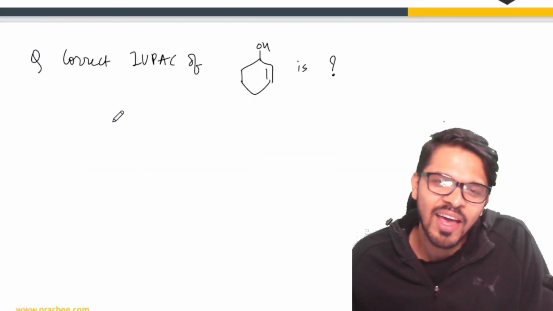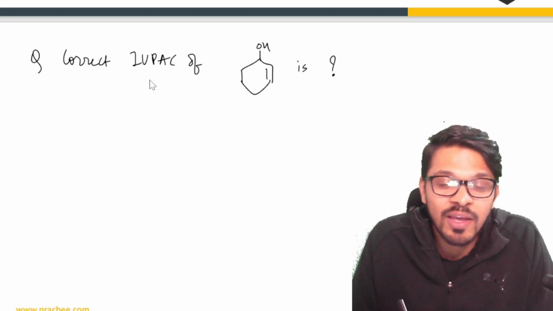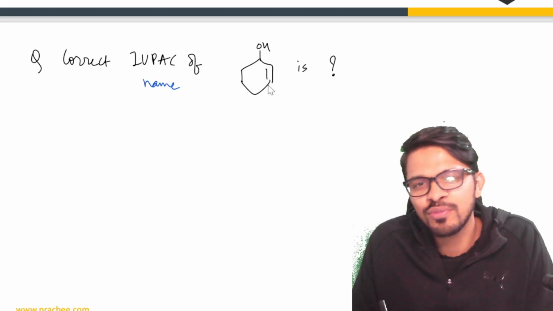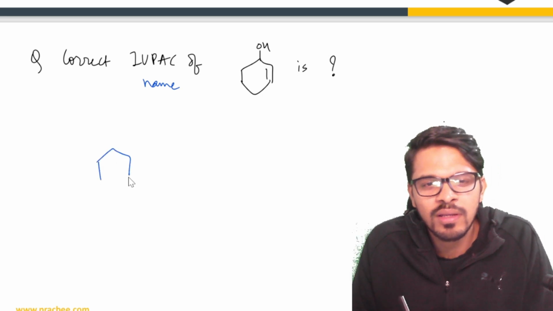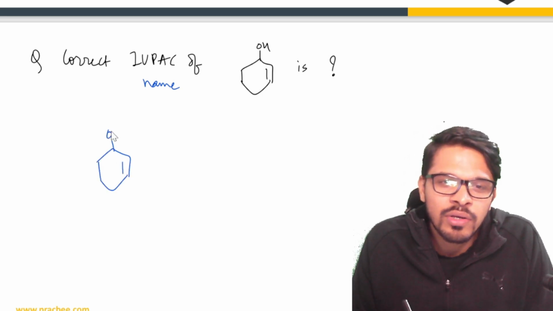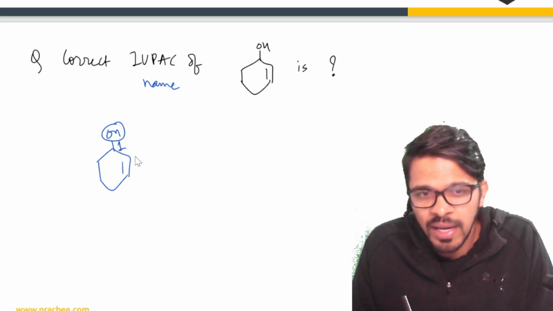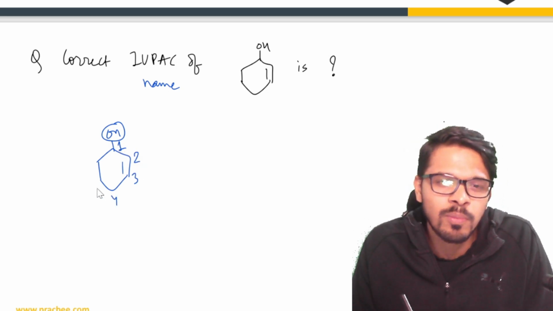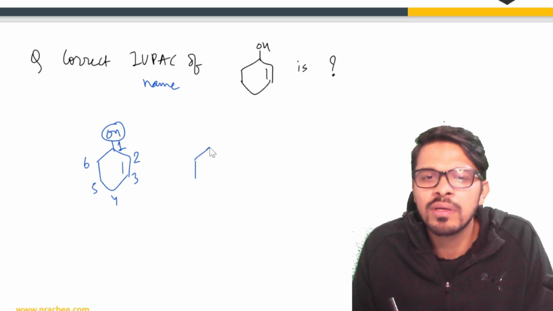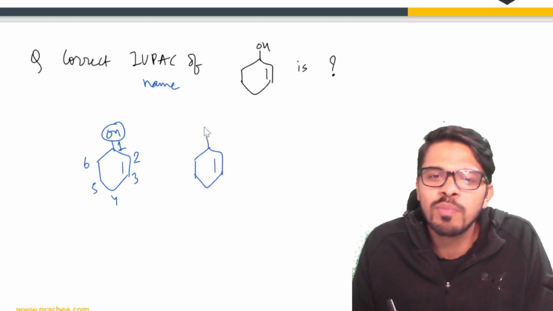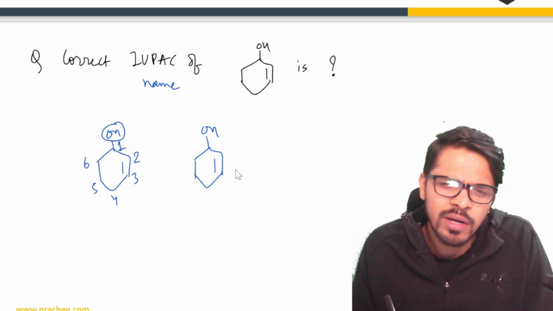Next, the correct IUPAC name of this. If we talk about this molecule, you know OH is a functional group, so numbering has to start from OH, and we need the lowest number for the double bond, so this will be the correct numbering. Sometimes students think we'll give priority to the double bond. Why would we give priority to the double bond?